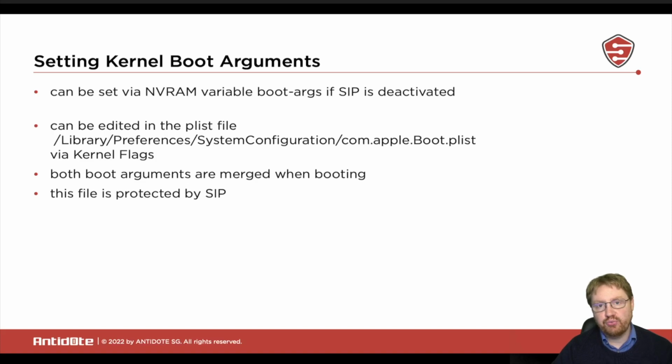When the system reboots, the NVRAM entry and this file entry will be merged together, so together they form the actual used kernel boot arguments. This file, however, is also protected by SIP, so again, if you want to modify this file, you actually need to be able to disable SIP first.